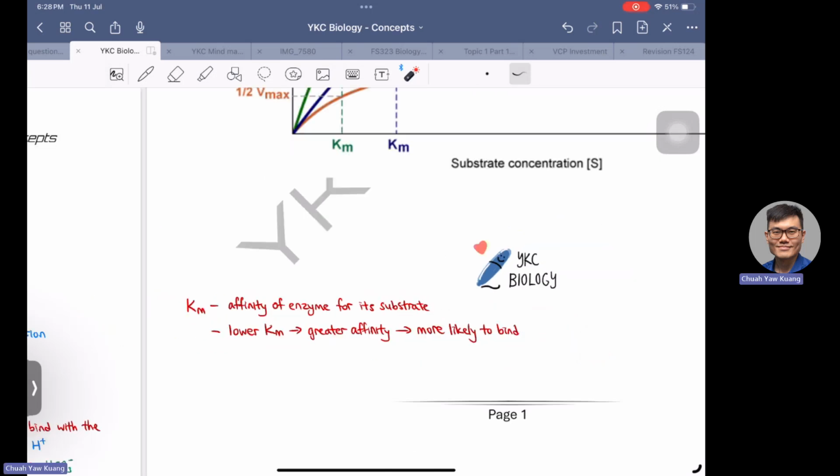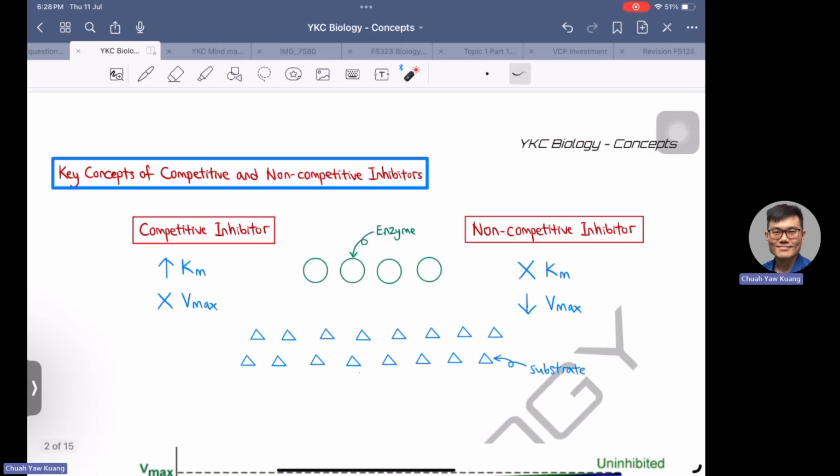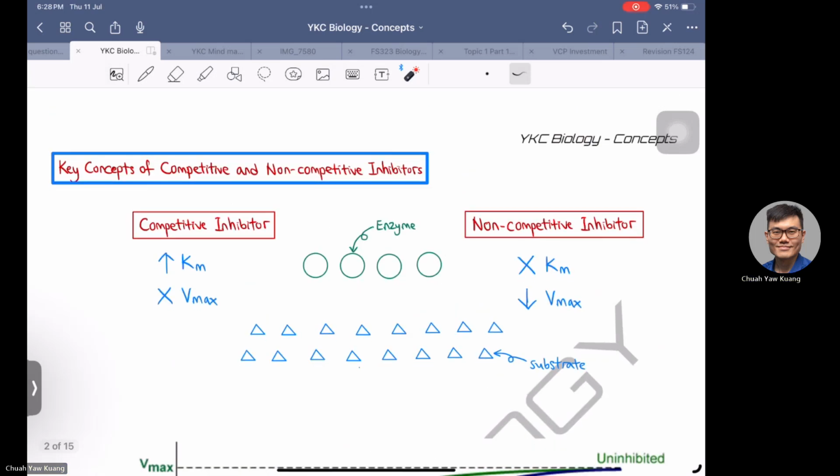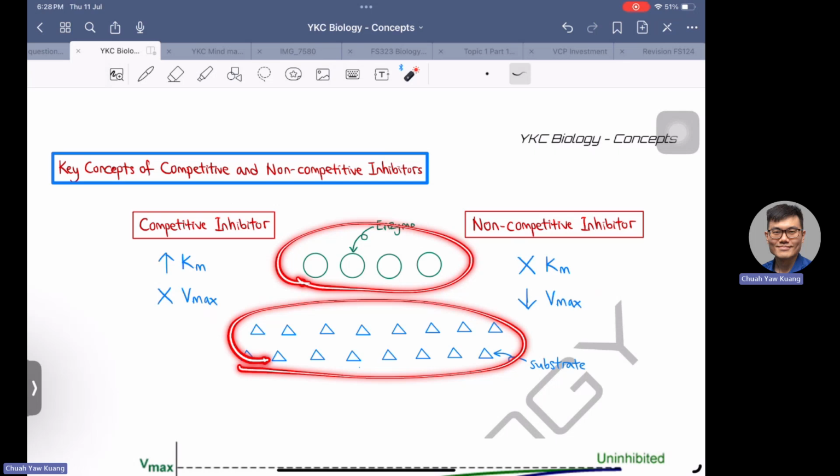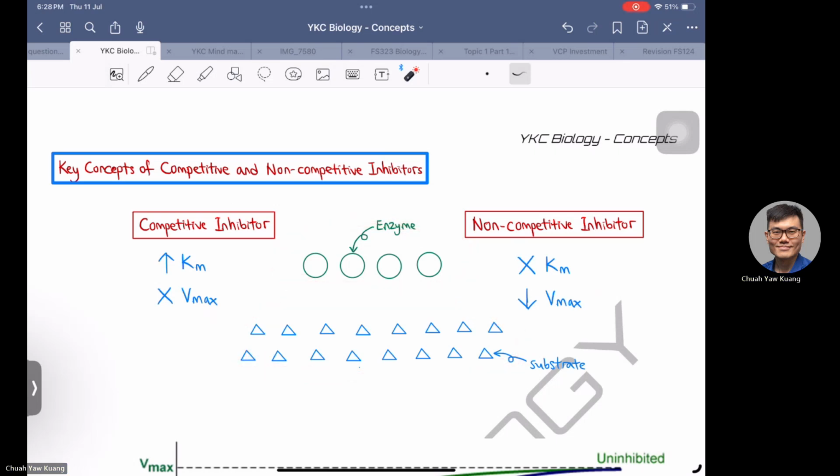So now we look back into the reaction. The green color here is the enzyme, and the blue color is the substrate. First thing first, we talk about the competitive inhibitor. When the competitive inhibitor is added into the reaction, it will increase the Km.